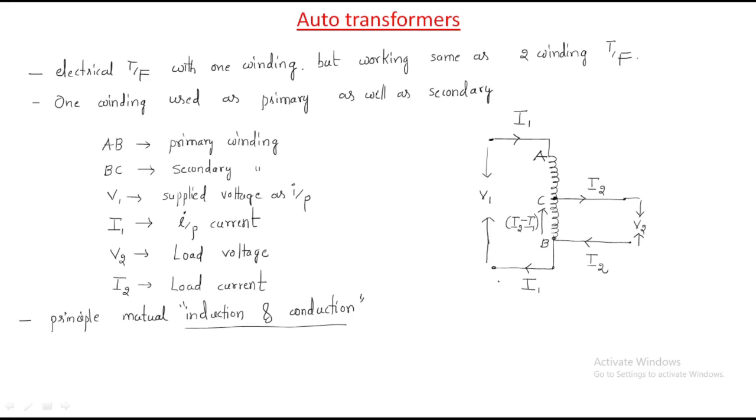Why induction and conduction? Look here. The power flow from the AC part is by flux flowing as induction. But from the BC winding, the power flows by conduction. That's why it works on the principle of mutual induction as well as conduction.